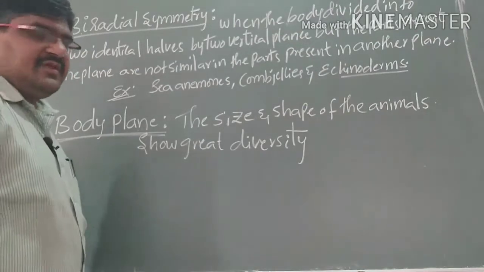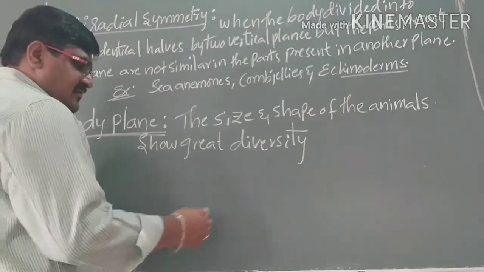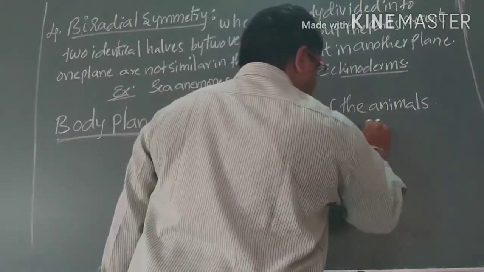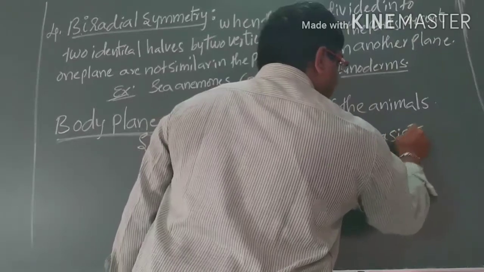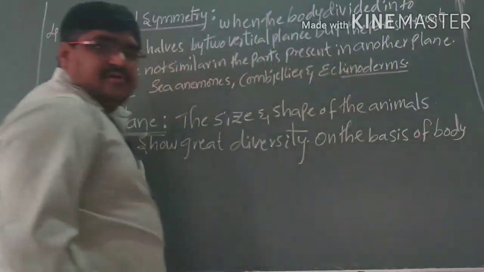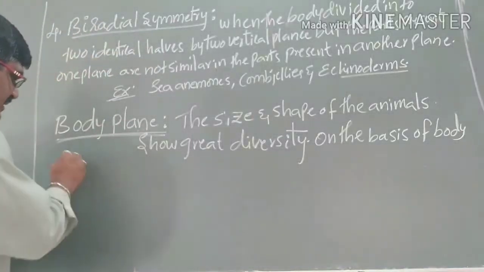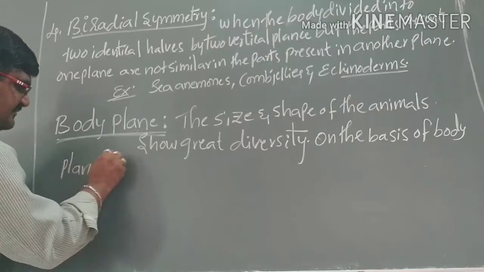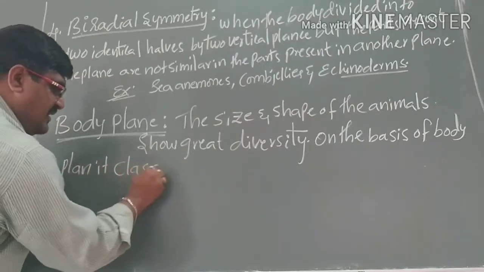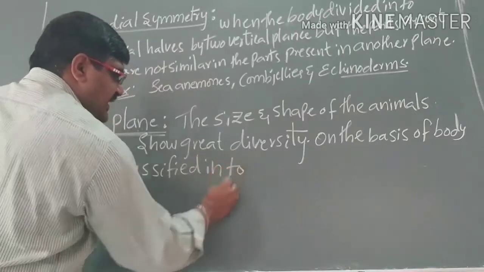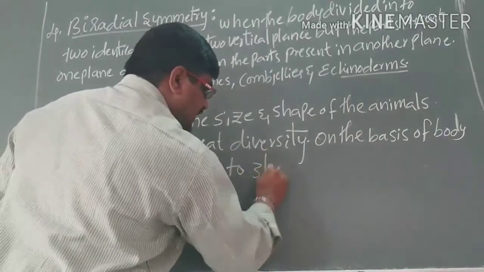On the basis of the body plan, animals are classified into three types.